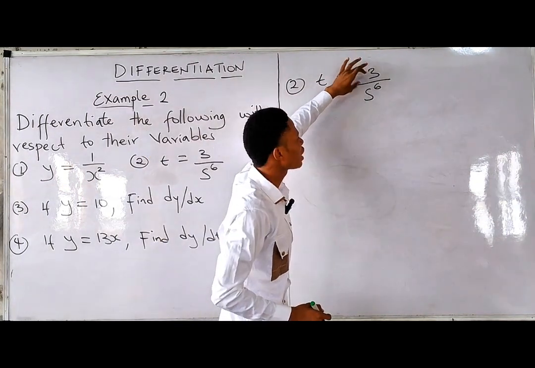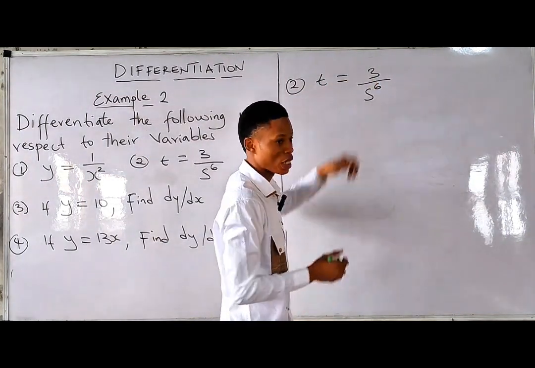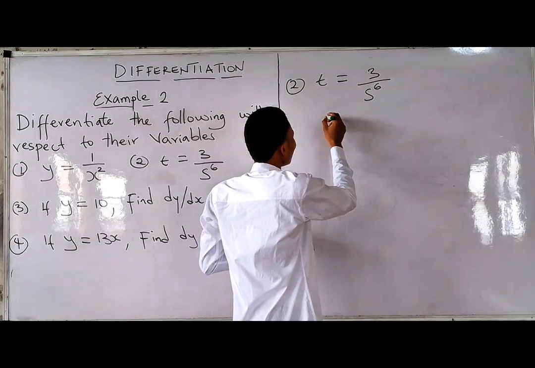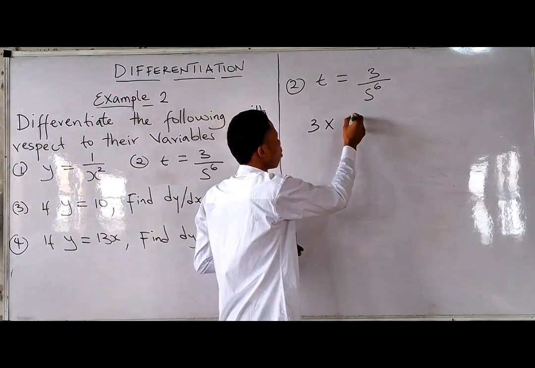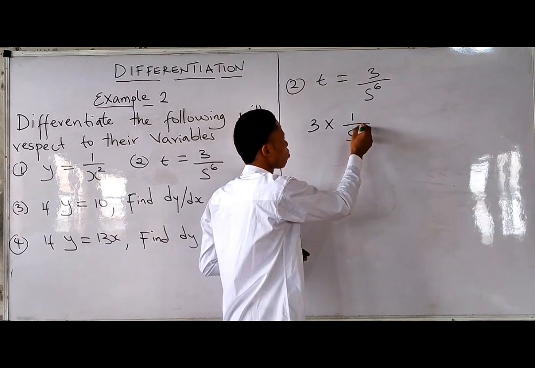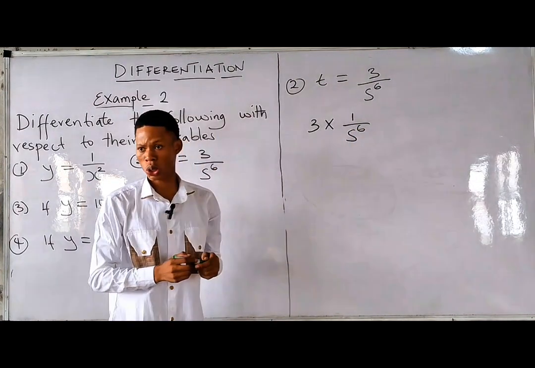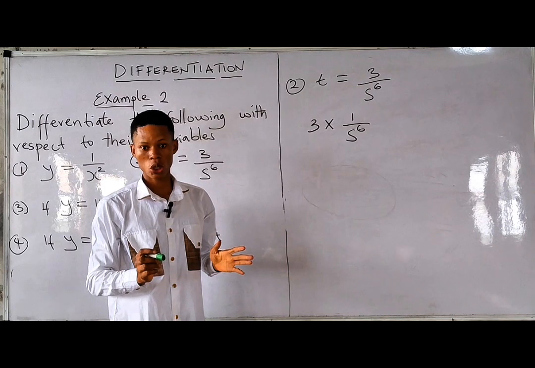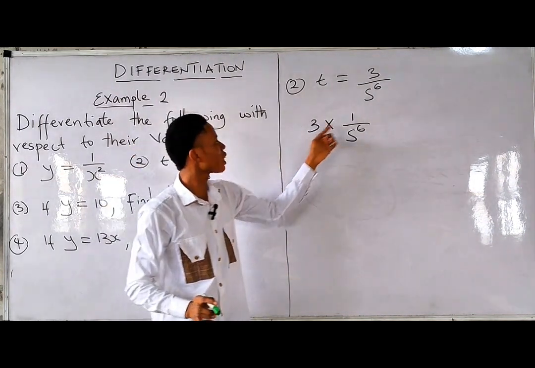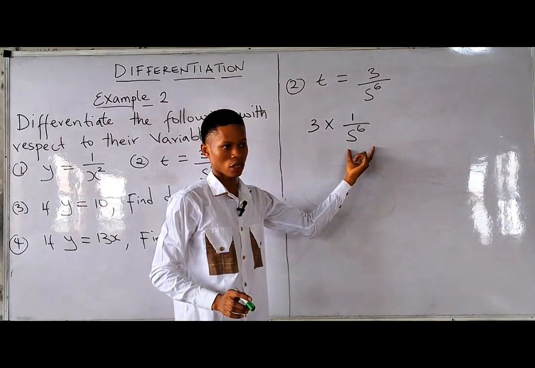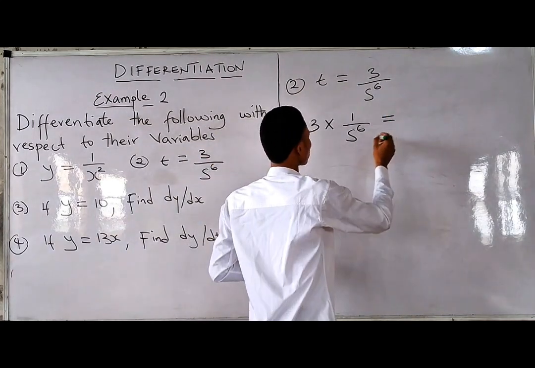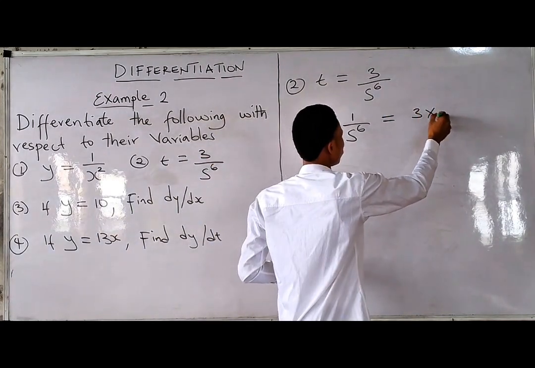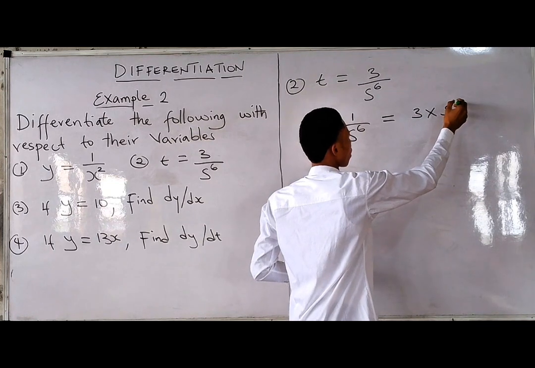This stuff here, 3 over s raised to the power 6 is the same thing as saying 3 times 1 over s raised to the power 6. Is it not? Have I changed anything? 3 times 1 will still give me 3 over this. Is it not? So this is the same thing as saying this is equal to 3 times s raised to the power what?